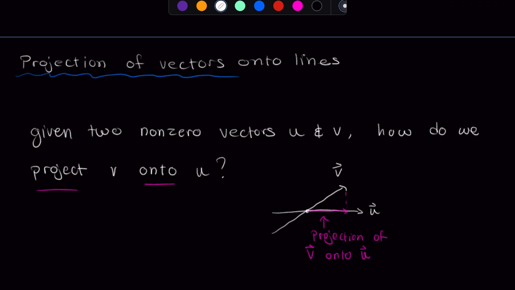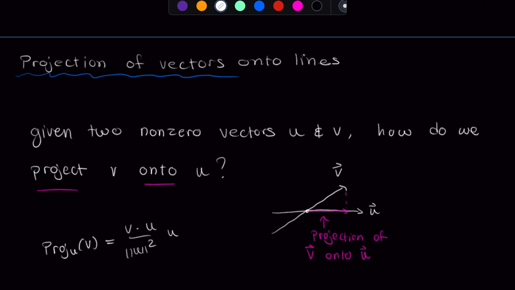Well, we write it like this: projection of v onto u, with v in brackets and u as a subscript. And the equation for it is like this: v dot u divided by the absolute value of u squared times the vector u.